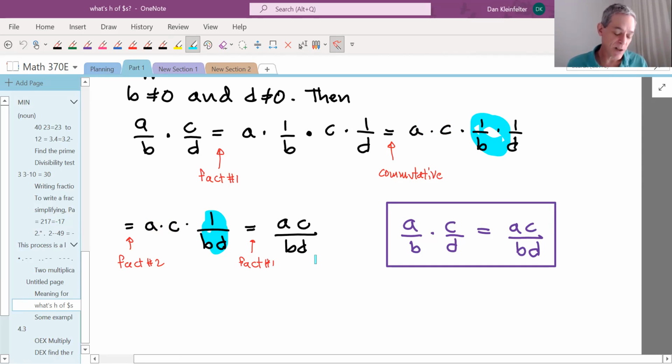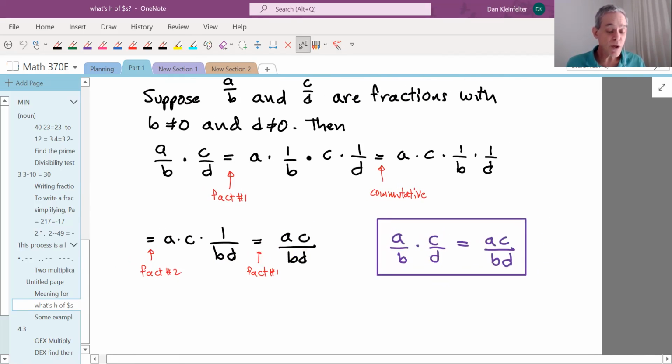Then just to finish, we're going to use helpful fact number 1 once again. We have a whole number a times c, and we're multiplying that by a fraction. We're going to multiply a times c times 1, which gives a times c, and we're going to put that all over bd.